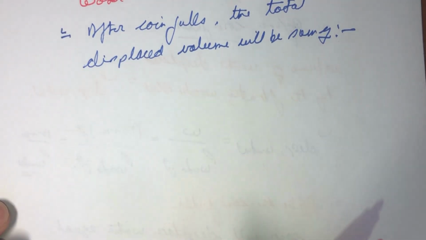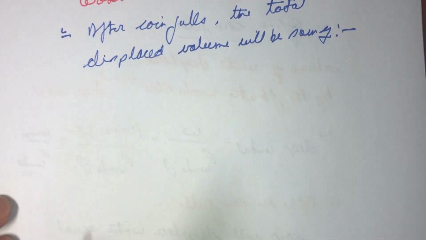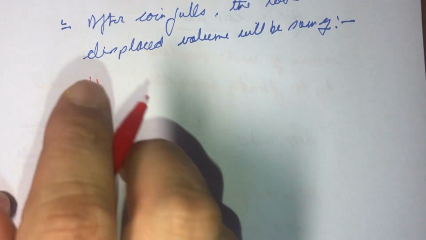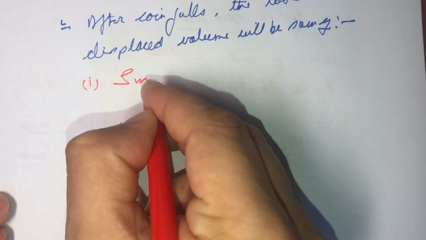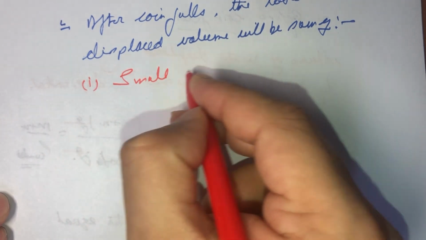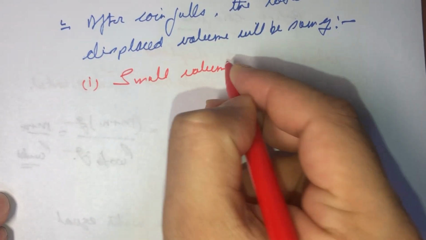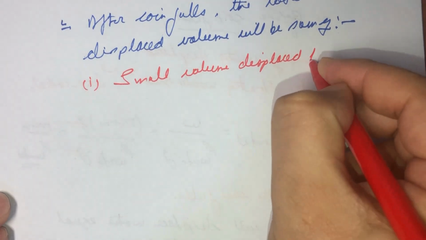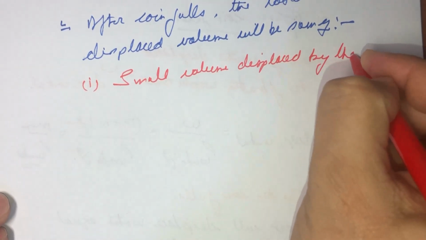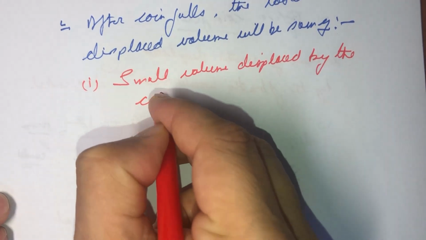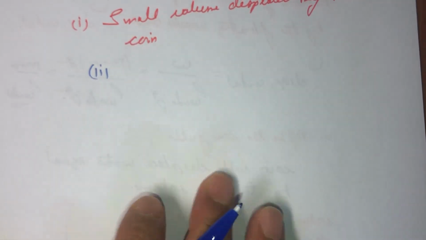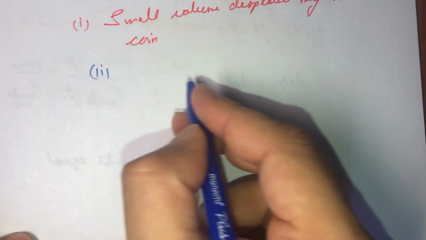Obviously that volume will be a little bit small. And second one will be the volume displaced by the wooden block.